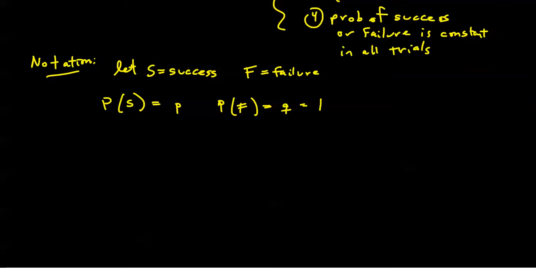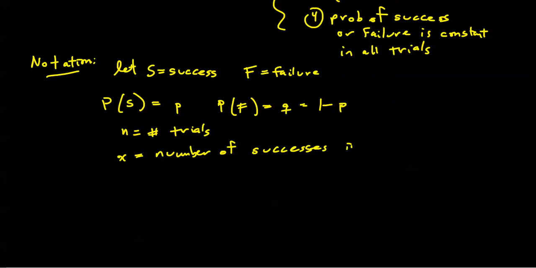Well, of course, if there are 2 outcomes per trial, then q equals 1 minus p. Lowercase n will denote our number of trials. In the experiment, lowercase x will be the number of successes in n trials that we are looking for.